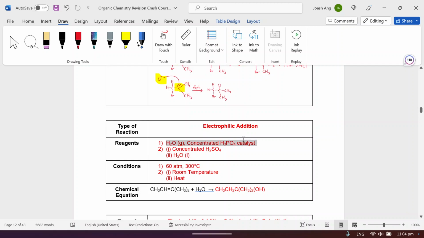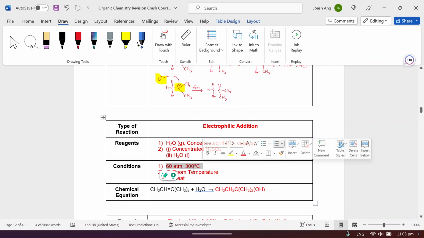These are the reagents and conditions. Remember we talked about how water is not a very good electrophile because of the strong O-H bond. That is why we have to use much harsher conditions, which is concentrated H3PO4 catalyst at a very high pressure and high temperature.